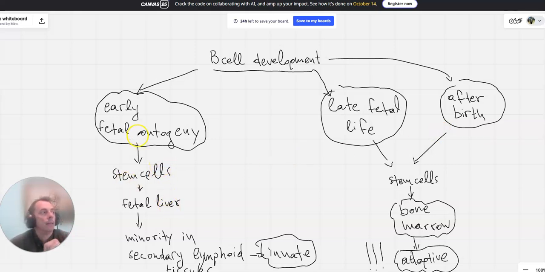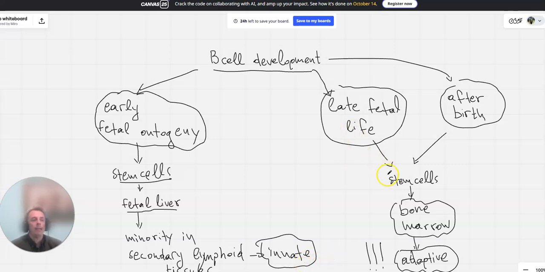The B cells that develop during the early fetal life originate from stem cells which are found in the fetal liver. However, these in the adult are just a minority, which is located in the secondary lymphoid tissues, and they are mostly involved in the innate immune response.